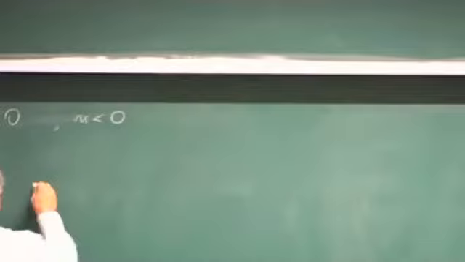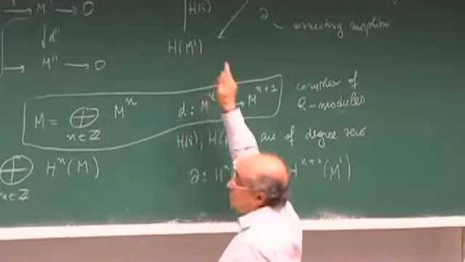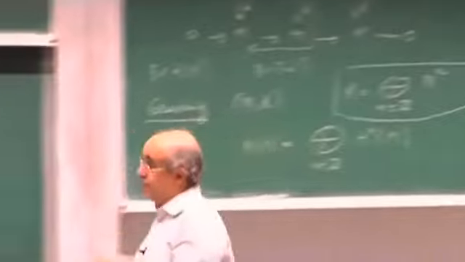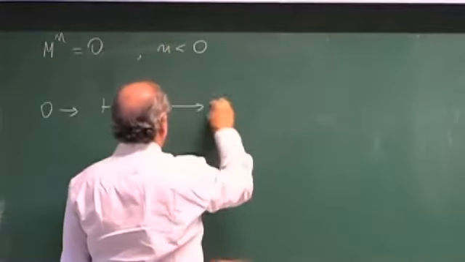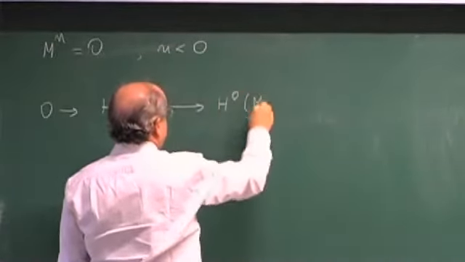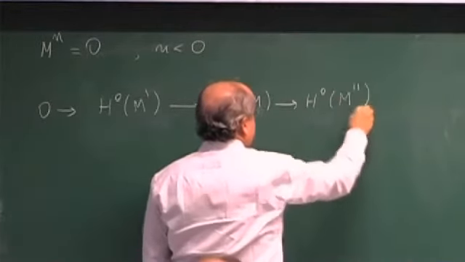So if this is the case, if we want to write now the triangle, remembering the degrees, we may start from H^0 of M prime. There is nothing before this. So before this we have 0. And then we know we have a map to H^0 of M. We know we have a map to H^0 of M double prime.